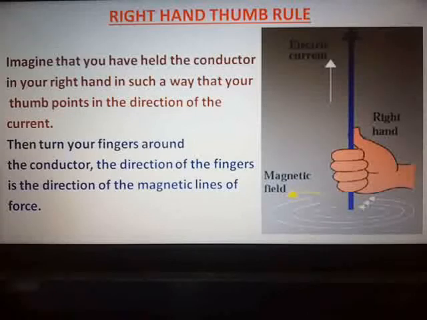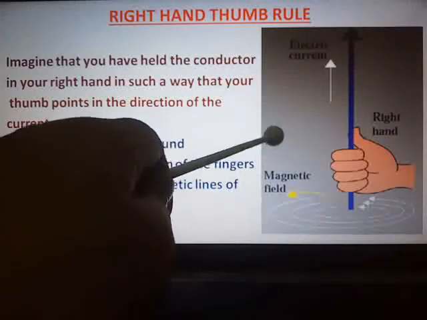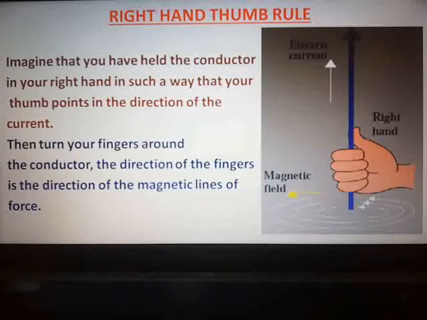Now whatever the rule may be, left hand rule, Fleming's right hand rule, or right hand thumb rule, if you want to make your paper more qualitative, you have to support your rule with the help of a diagram. While drawing the diagram, you don't need to make it very artistic, we are not attending our intermediate exams.